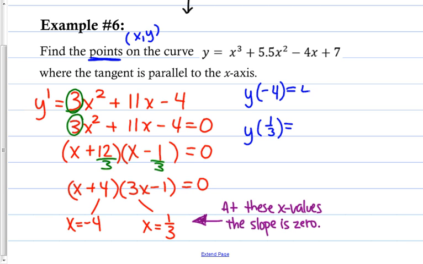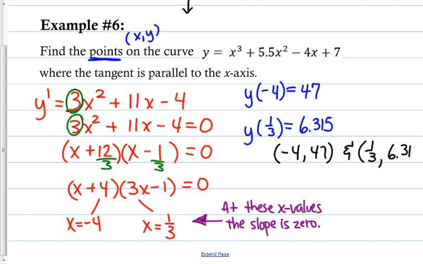I get 47 when I plug in negative 4, and for 1/3 I got 6.315, rounded to 3 decimal places. So officially my answers are negative 4, 47, and 1/3, 6.315.